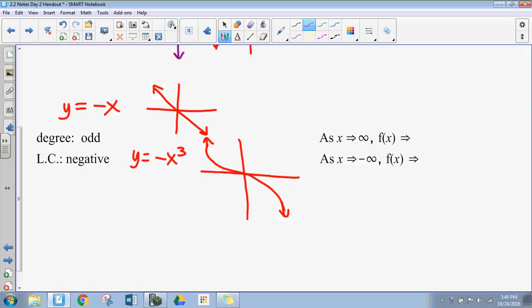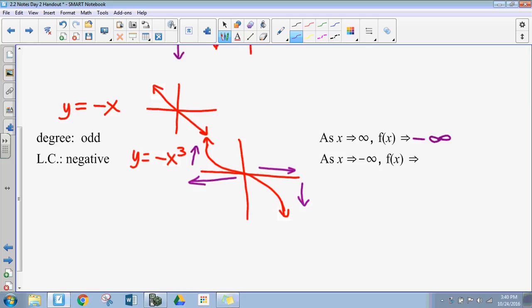Okay, so we are going to have our end behavior as x is approaching positive infinity. So again, I'm going to the right. What is happening to my y values? Well, my y values are going down to negative infinity. As I'm going to the left to negative infinity, my x values, what is happening to my y values?